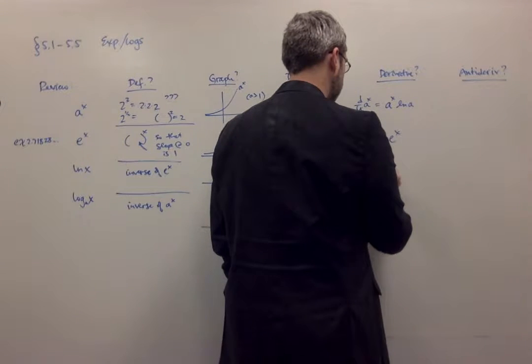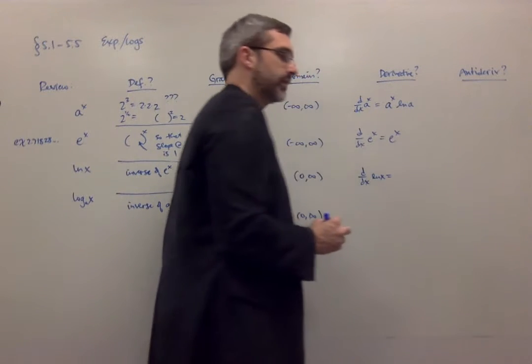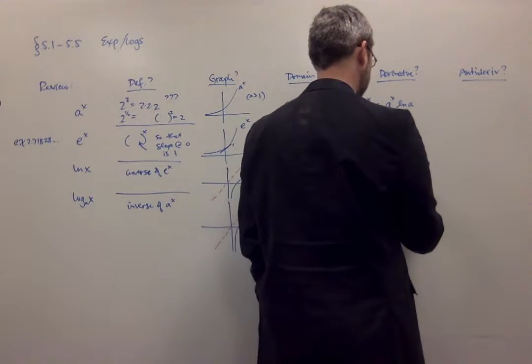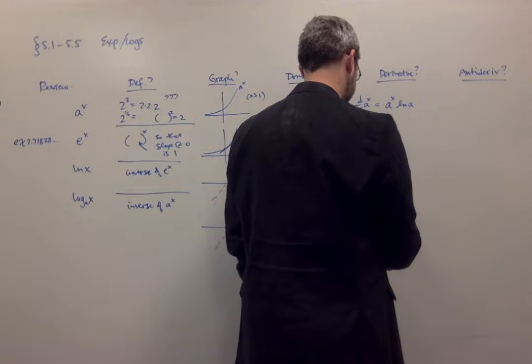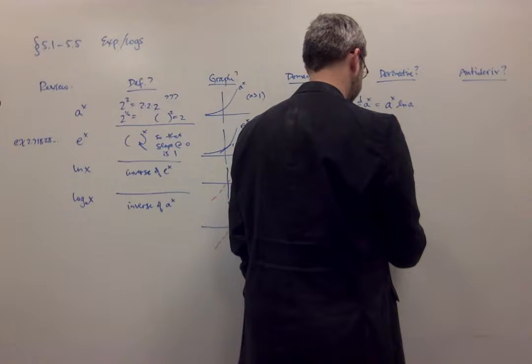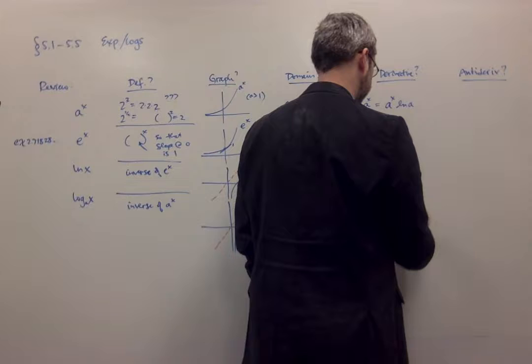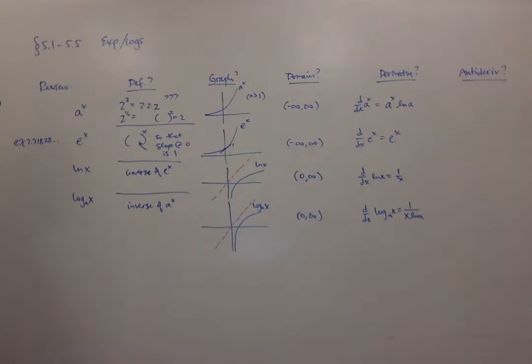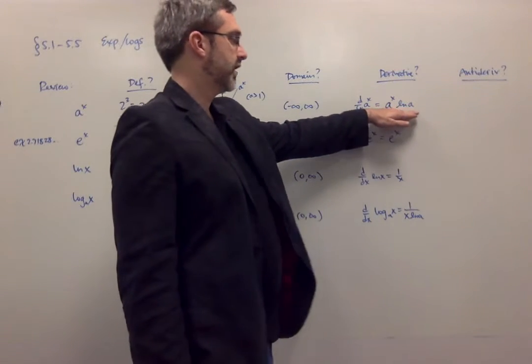Derivative of natural log, do you guys remember this? Is 1 over x. And the derivative of log base a of x is 1 over x times the natural log of a. Natural log of a goes down on the bottom. Okay, for a to the x, the natural log is right next to it.